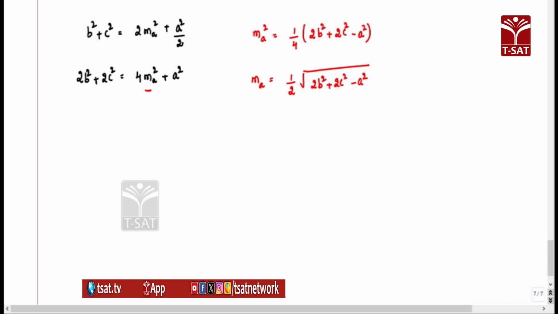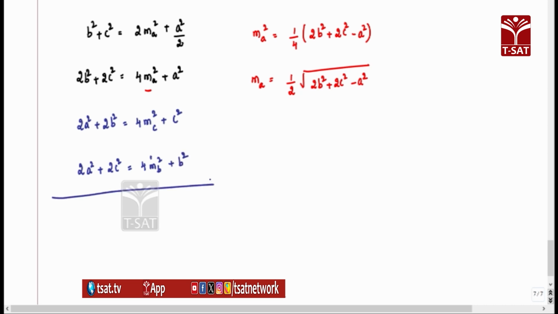If we continue further, similarly in the same triangle I can write 2a square plus 2b square is equal to 4 mc square plus c square. I can also write 2a square plus 2c square is equal to 4 mb square plus b square.